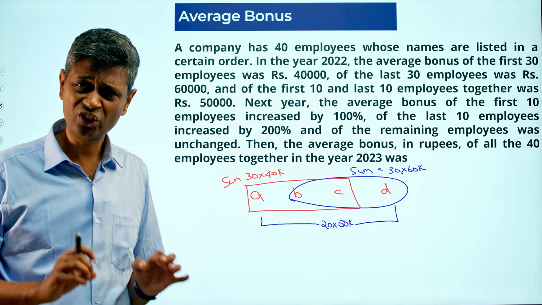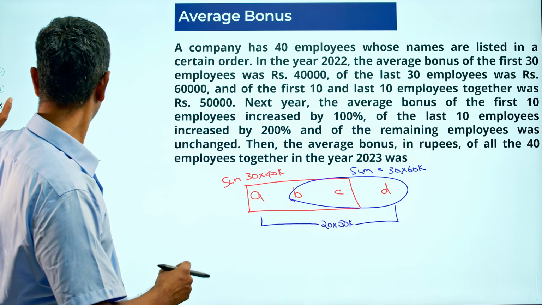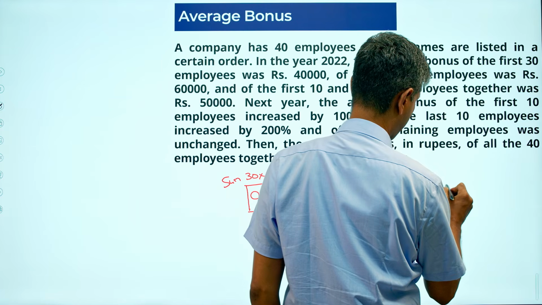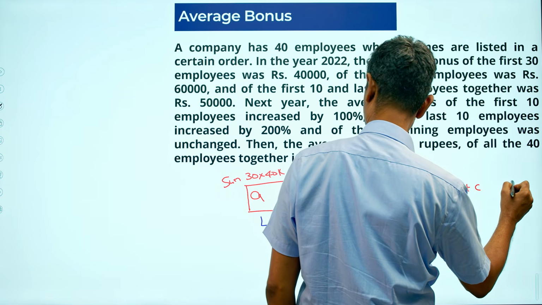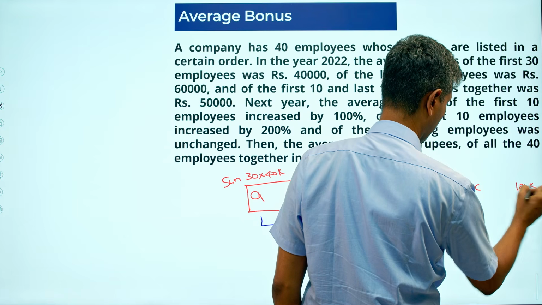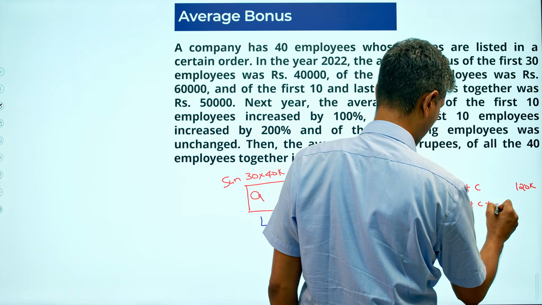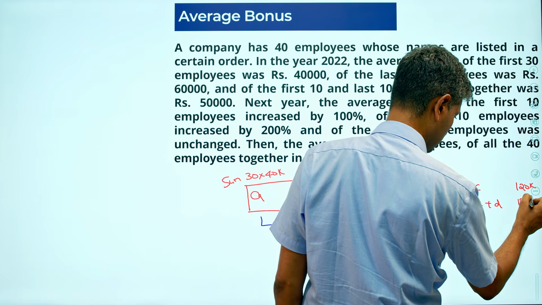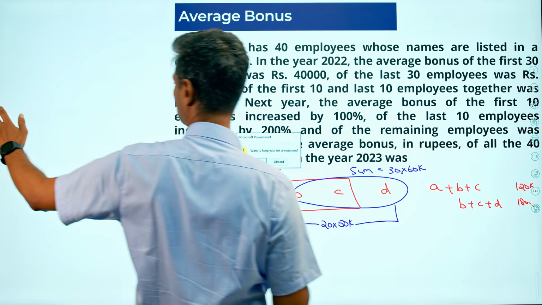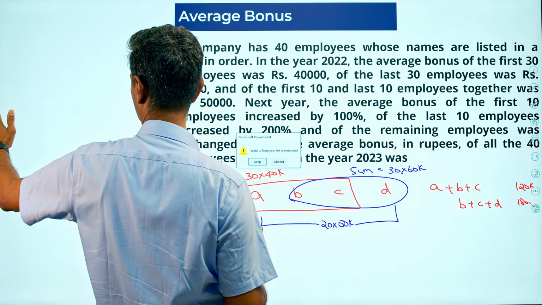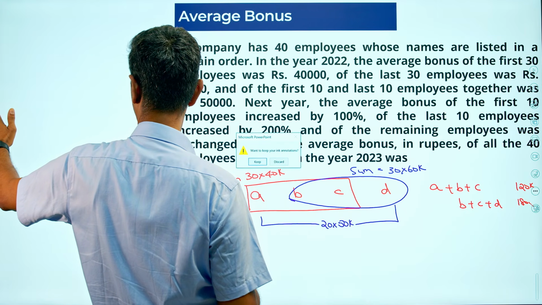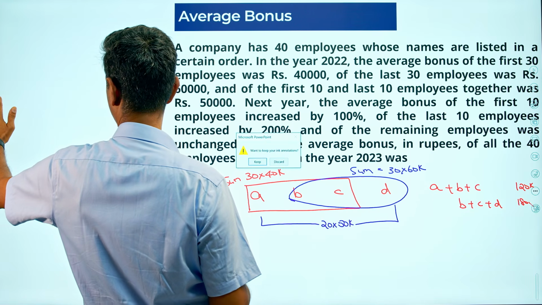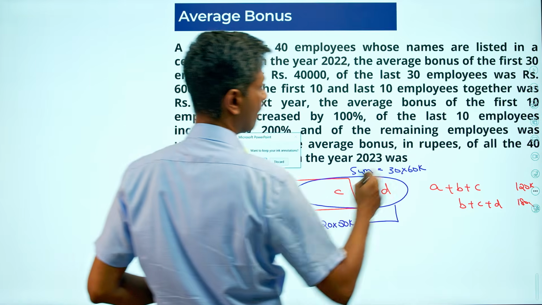So again, it's a very nice standard template. So what I'm going to do, I'm going to write this down very clearly. I have A plus B plus C is 120K. B plus C plus D is 180K. I want to go here.